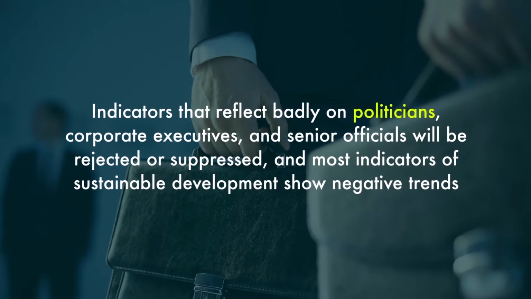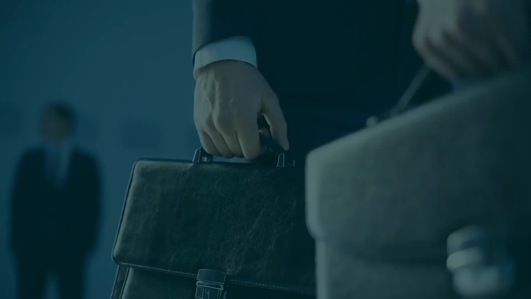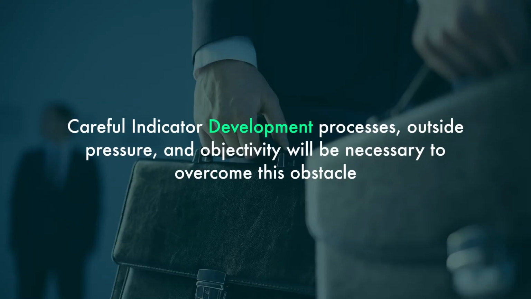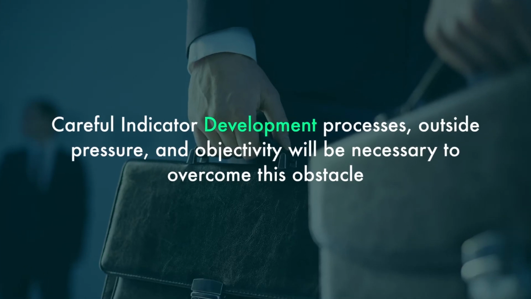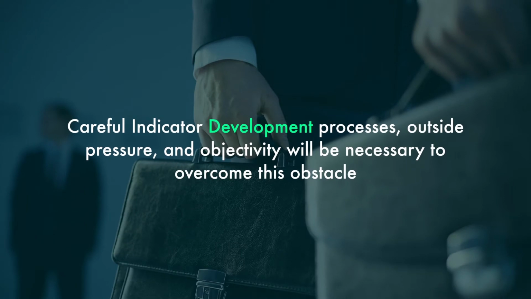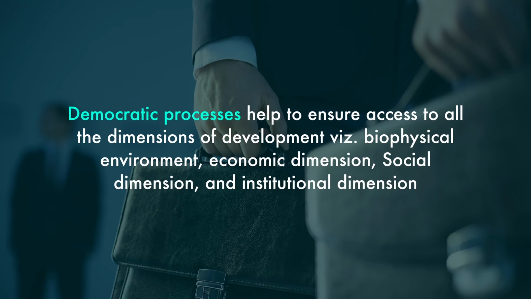And most indicators of sustainable development show negative trends. We have to understand that. That's why a careful indicator development process, outside pressure and objectivity will be necessary to overcome this. So a democratic process helps to ensure access to all.